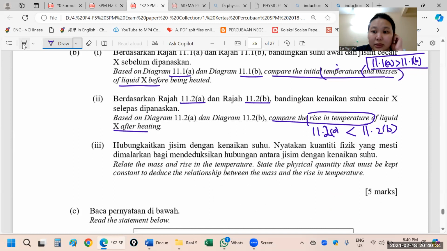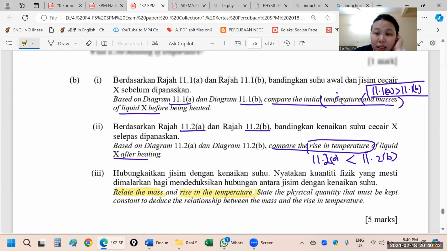Then see what they ask. They say relate the mass and rise in temperature. So we see the mass and rise in temperature.